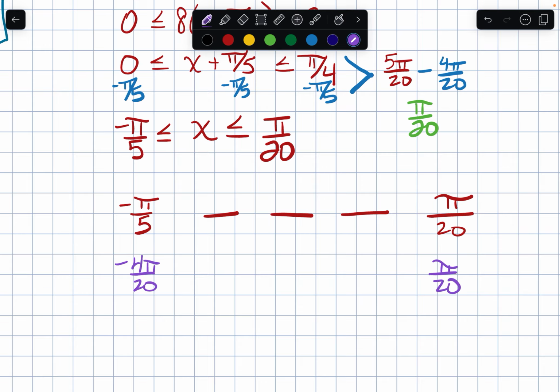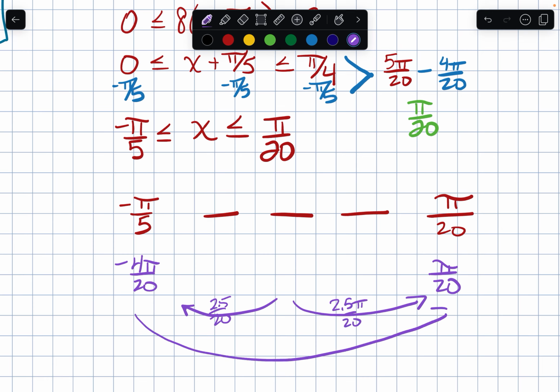So to find the middle of 5 twentieths would be 2.5 twentieths. So in either direction here, you need 2.5 over 20, because from here to here is 5 pi over 20.